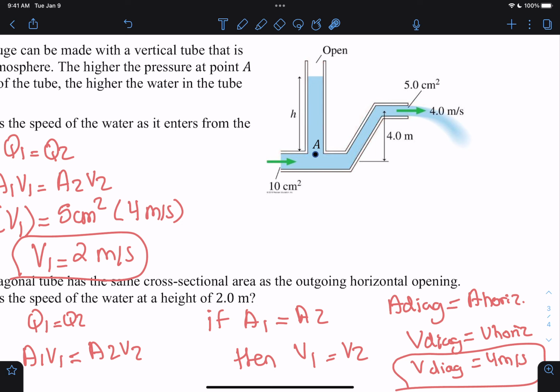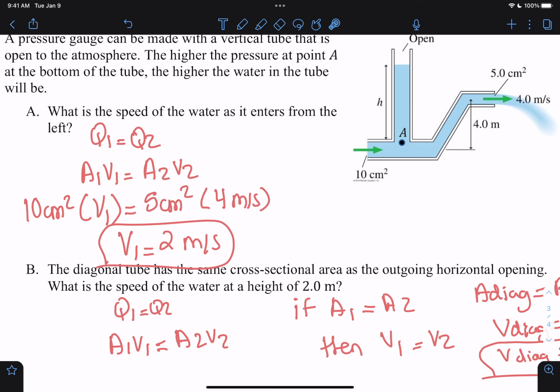So assuming the continuity equation again, if Q1 is equal to Q2 and the areas stay the same, then if V2 increased, V1 should increase as well. So if V2 was initially 2 meters per second and I doubled it to 4, what should happen to my V1?